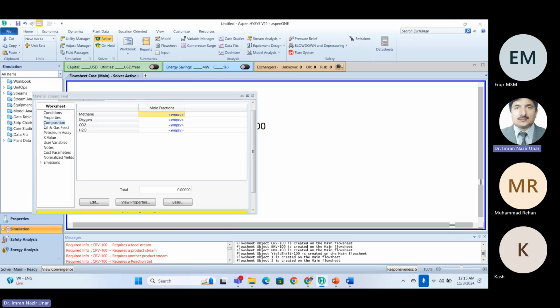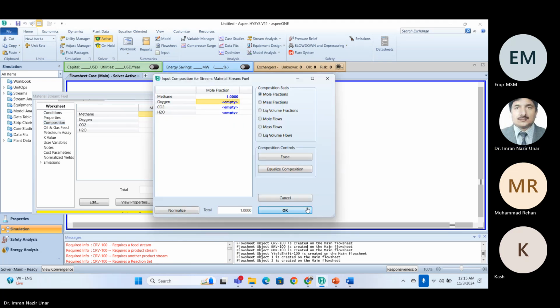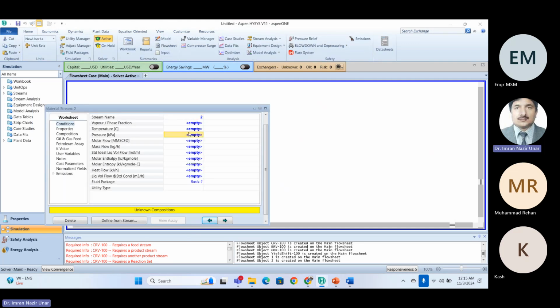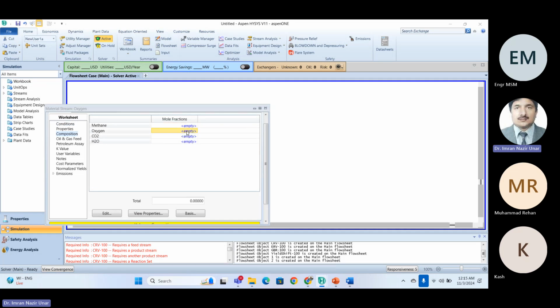So in fuel, methane is 100%. And another is oxygen. You can also create the air, but here I am giving the pure oxygen. It is also at ambient temperature, ambient pressure, and some rate, and its composition is 100% oxygen.